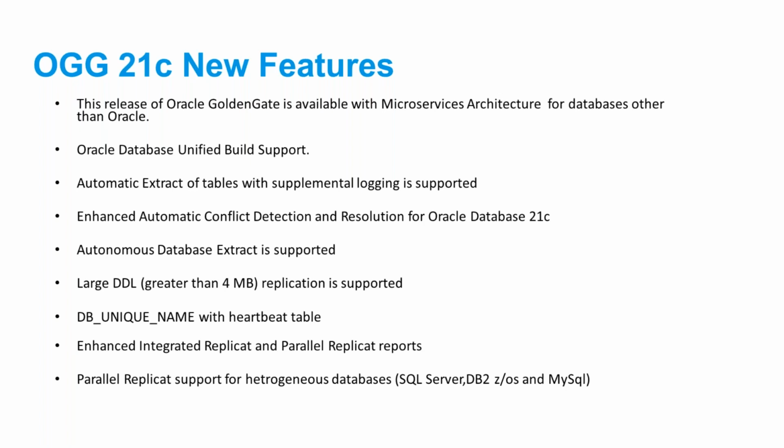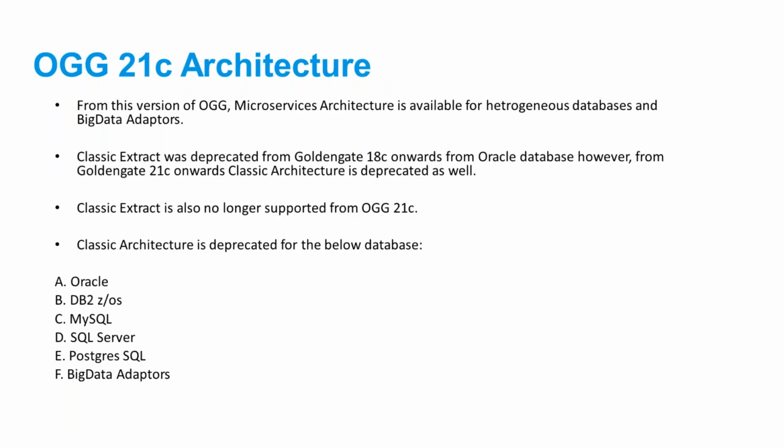But now the parallel replicat support has been increased to databases other than Oracle like DB2, SQL Server, or MySQL. So Oracle GoldenGate 21c architecture: from this version of OGG, microservices architecture is available for heterogeneous databases as well as big data adapters.